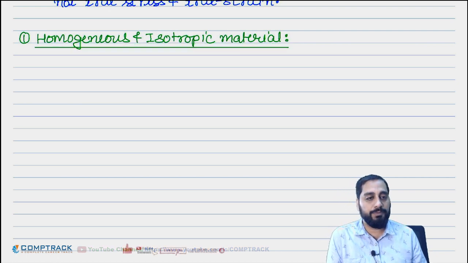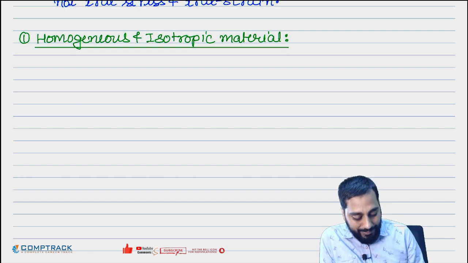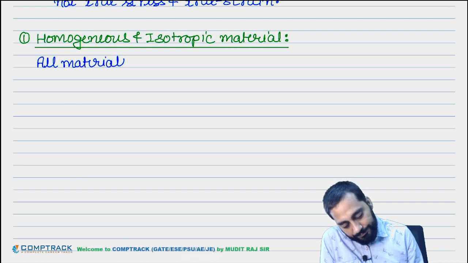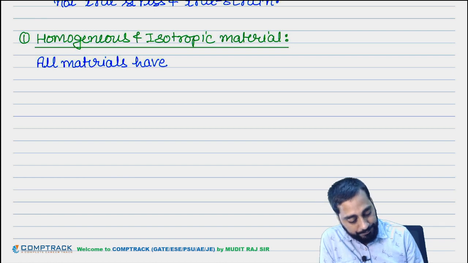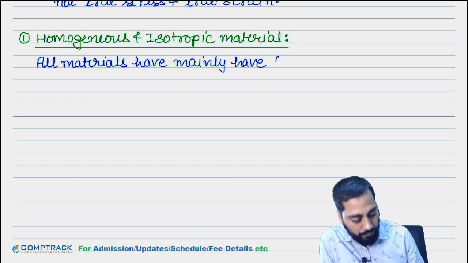Okay, इसमें लिखो, all materials have mainly four elastic properties.